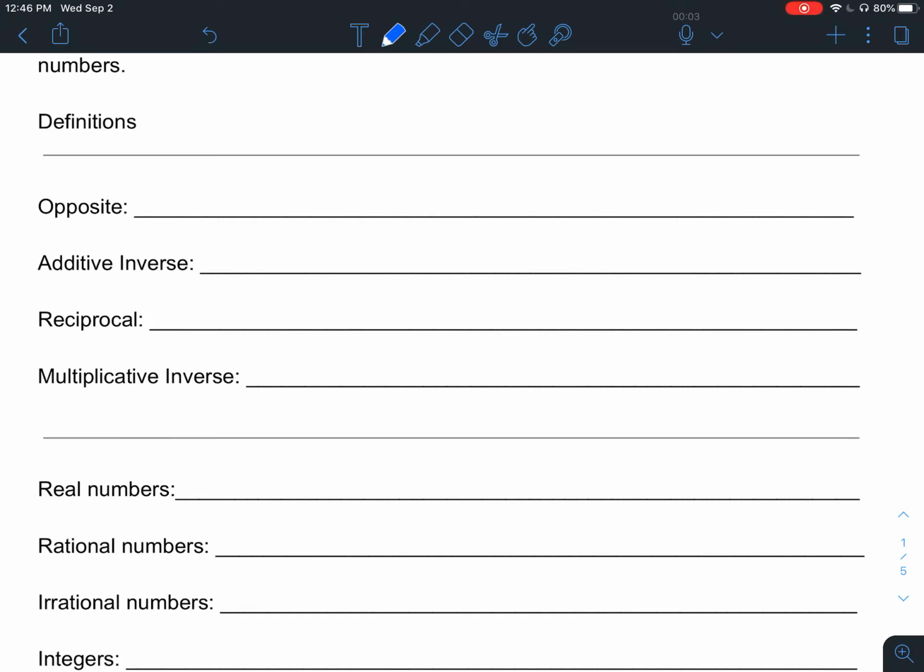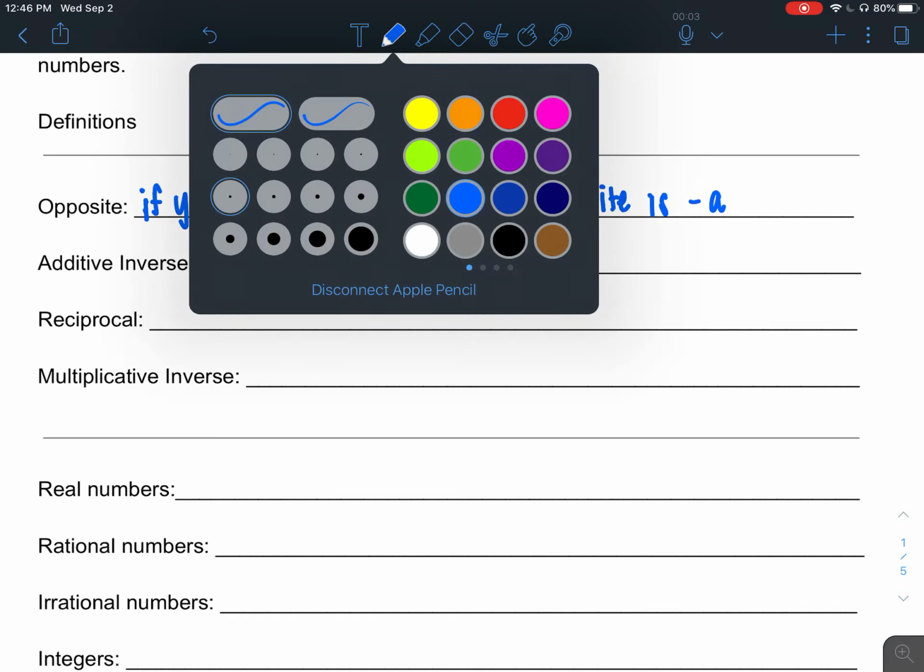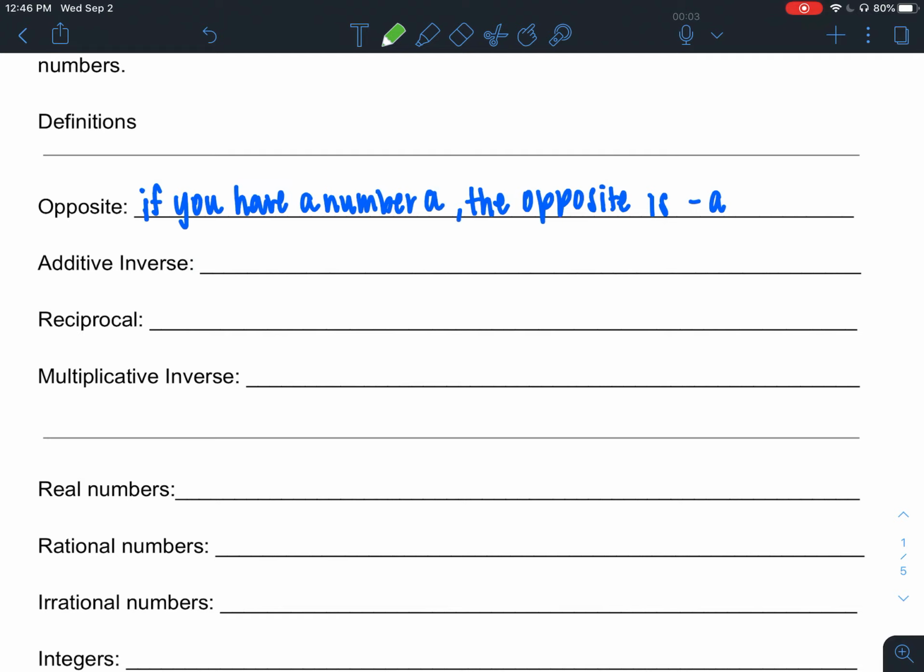Opposite really means negative. So if you have a number A, the opposite is negative A. Remember, a good note-taking strategy is you don't have to write everything down.